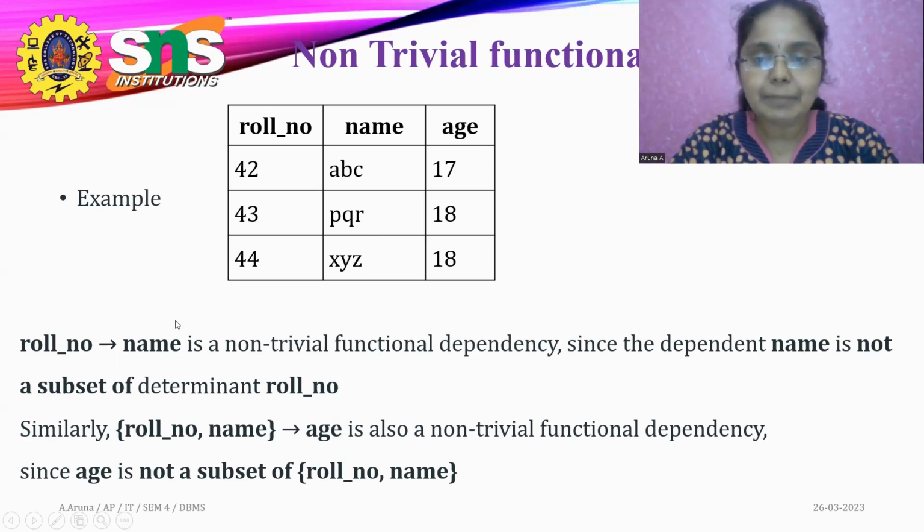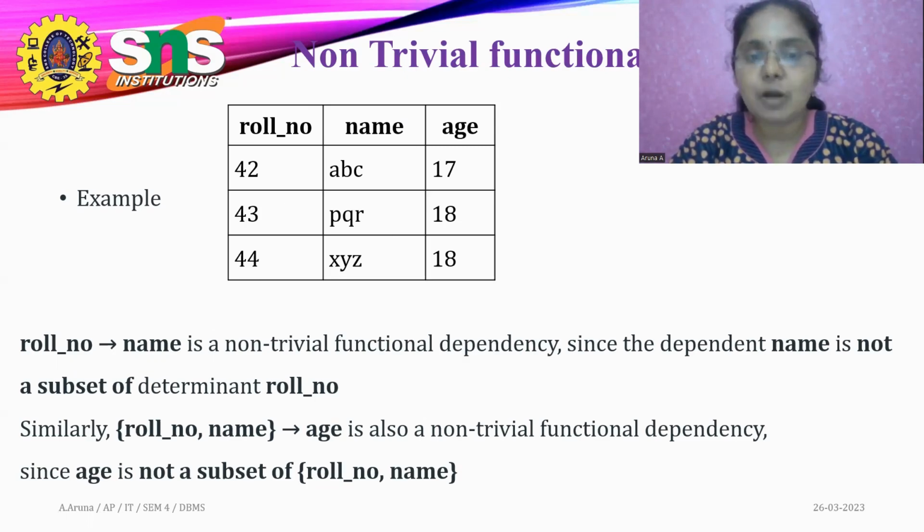So this is a non-trivial functional dependency, and also it is a valid functional dependency. We can say it is valid only after checking the entries in the tuples. In the trivial case, while seeing the relation itself, we can say it is valid because the Y value is a subset of X.